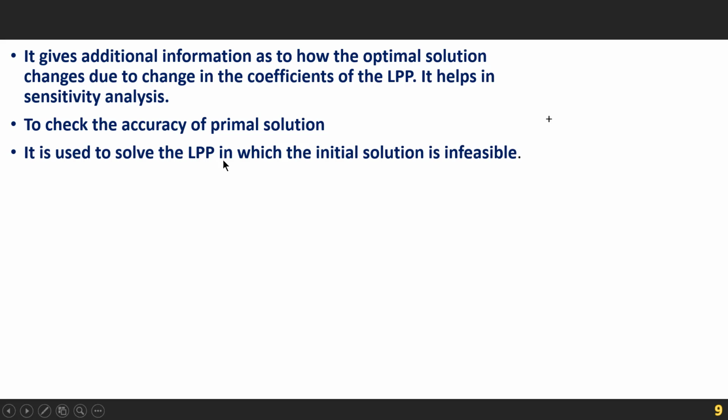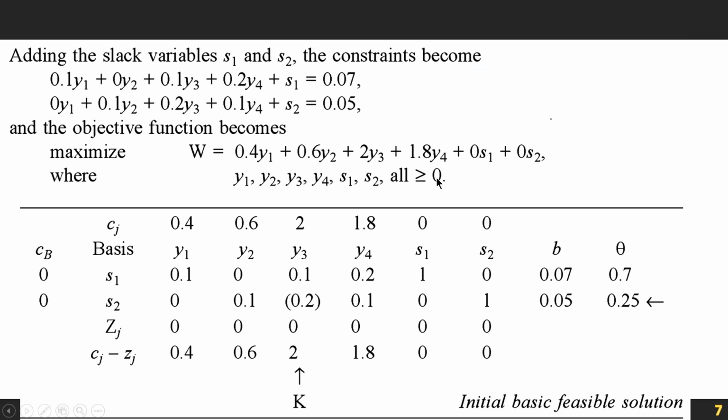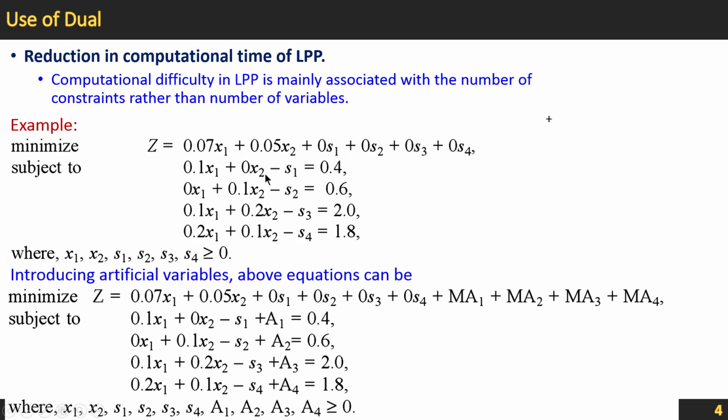It is used to solve the LPP in which the initial solution is infeasible. Look at here, this is the same problem, right? When you have already put surplus variables, if you make x1 and x2 equal to 0, then s1 will become negative, s2 will become negative, and all these values will become negative. That should not happen, correct? All the variables must be greater than or equal to 0.